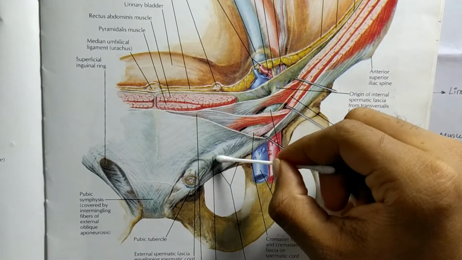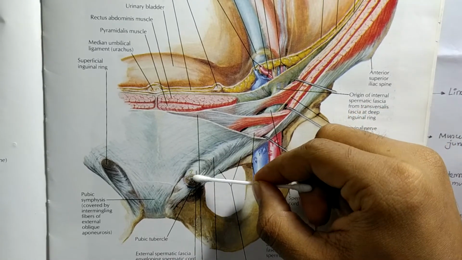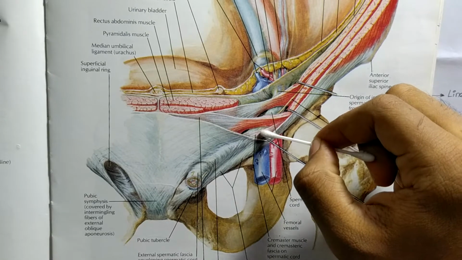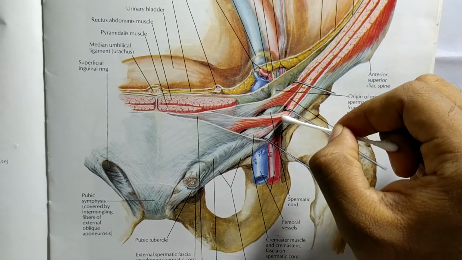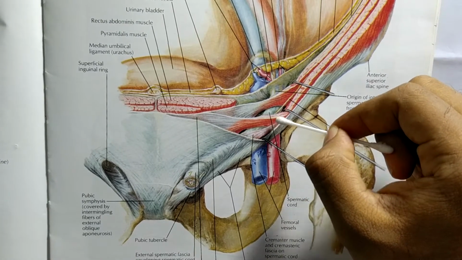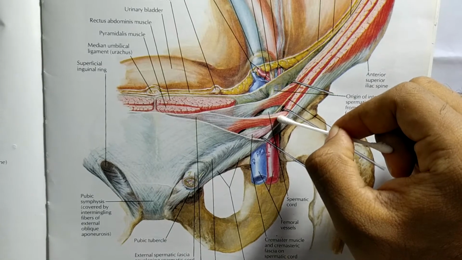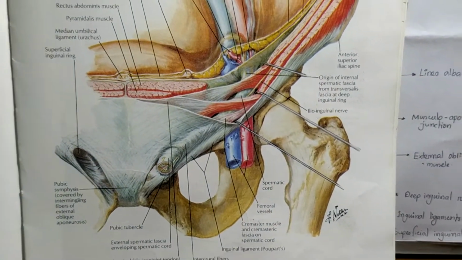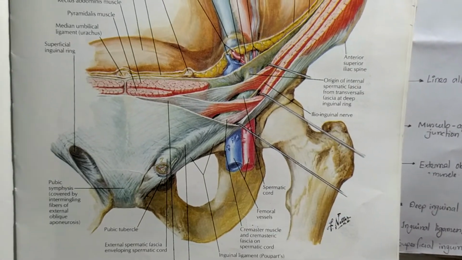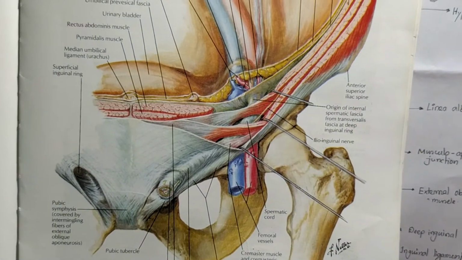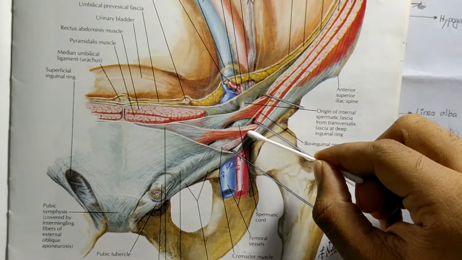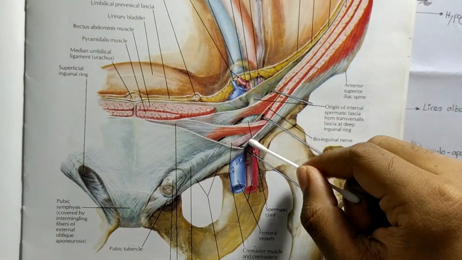Medially there is another muscle derived from the internal oblique, the cremasteric muscle. Teachers sometimes ask where the cremasteric muscle originates: it originates from the internal oblique.